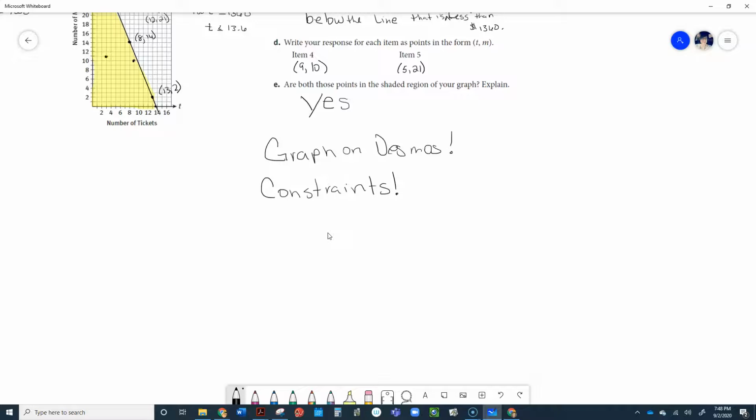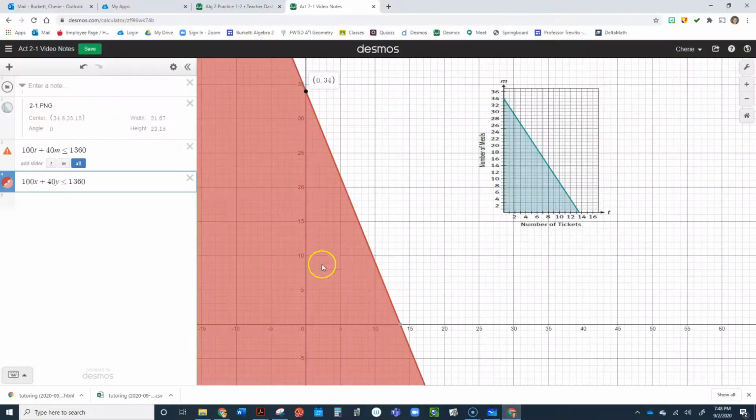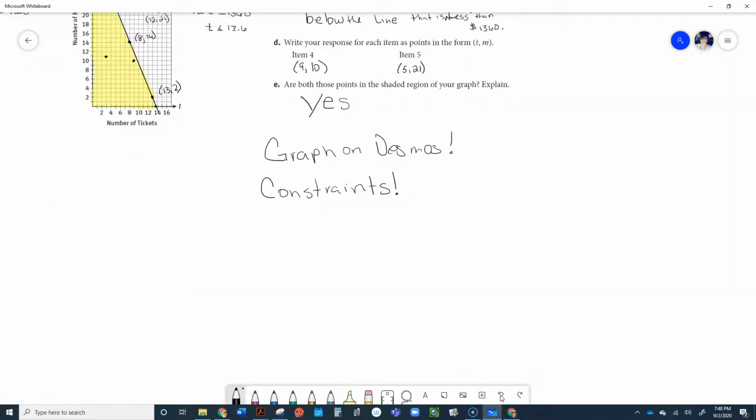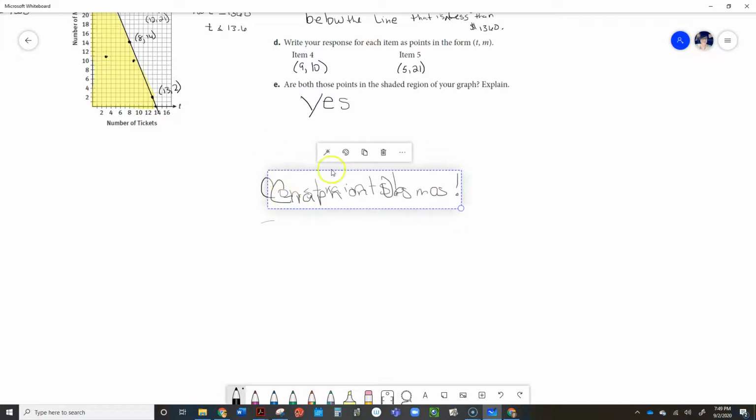A lot of you may be thinking, oh, I know what to tell you to do about over here. We only want quadrant 1. We don't want to see all of this stuff over here in quadrants 2, 3, and 4. You're absolutely right. So the constraints, if I were doing them verbally, would be to say, I want to graph this equation, and I didn't mean to move that, but I did.